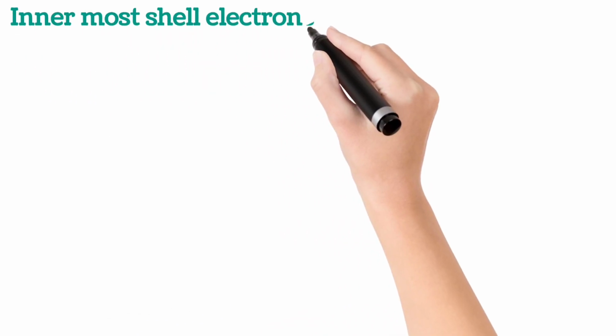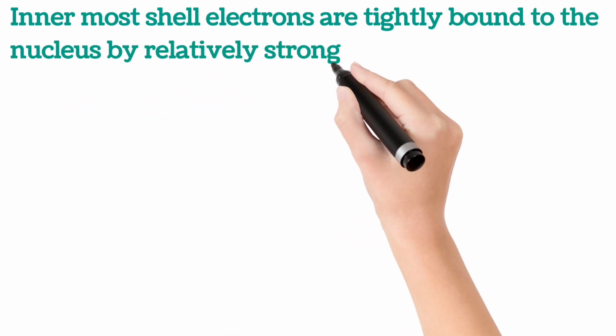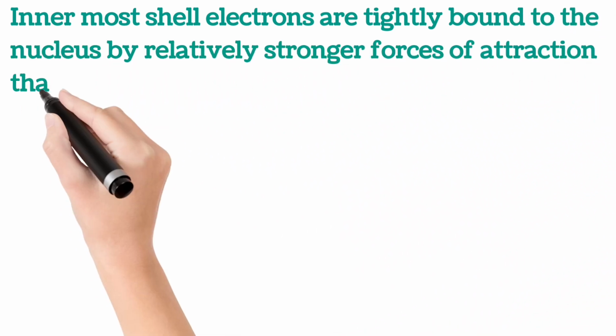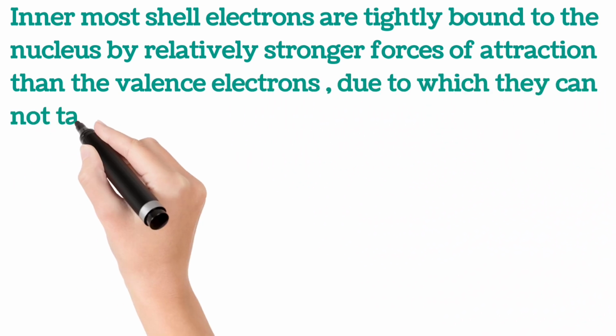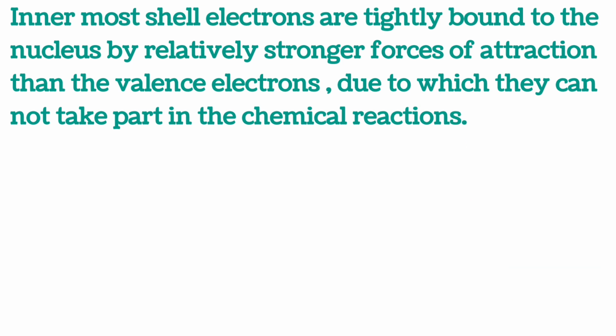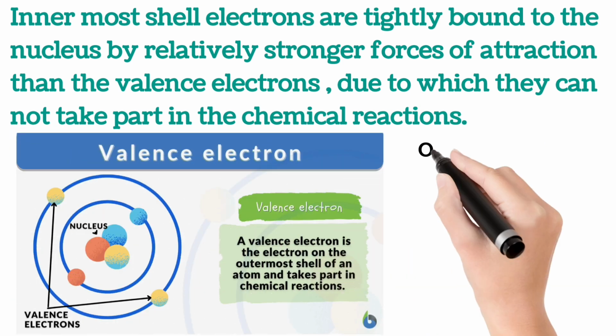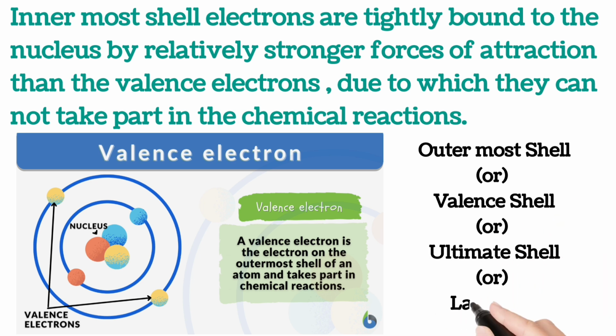Because innermost shell electrons are very near to the nucleus, they are strongly attracted to the nucleus. So these innermost shell electrons cannot participate in any chemical reactions. Outermost shell electrons are the ones responsible for the formation of chemical bonds.